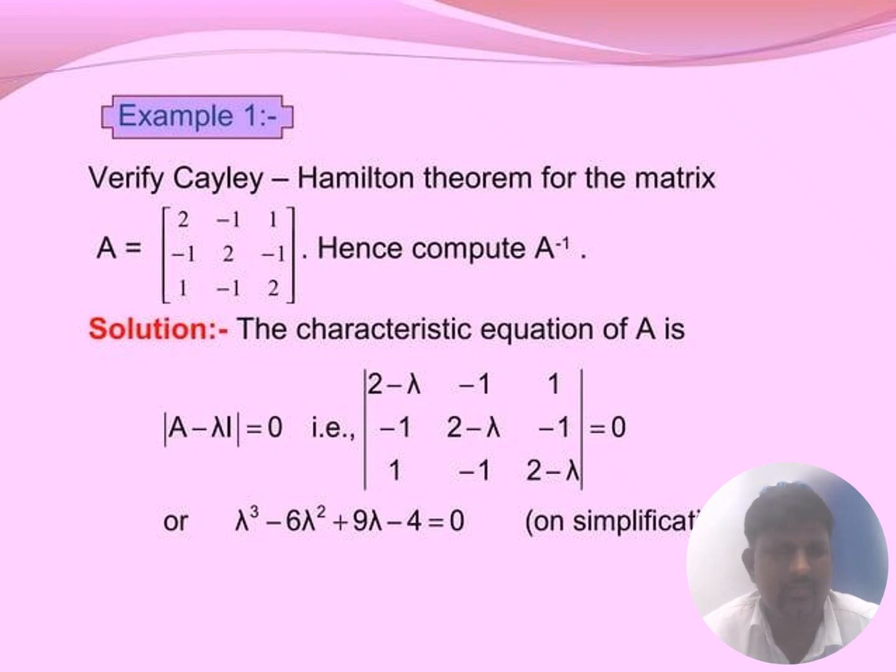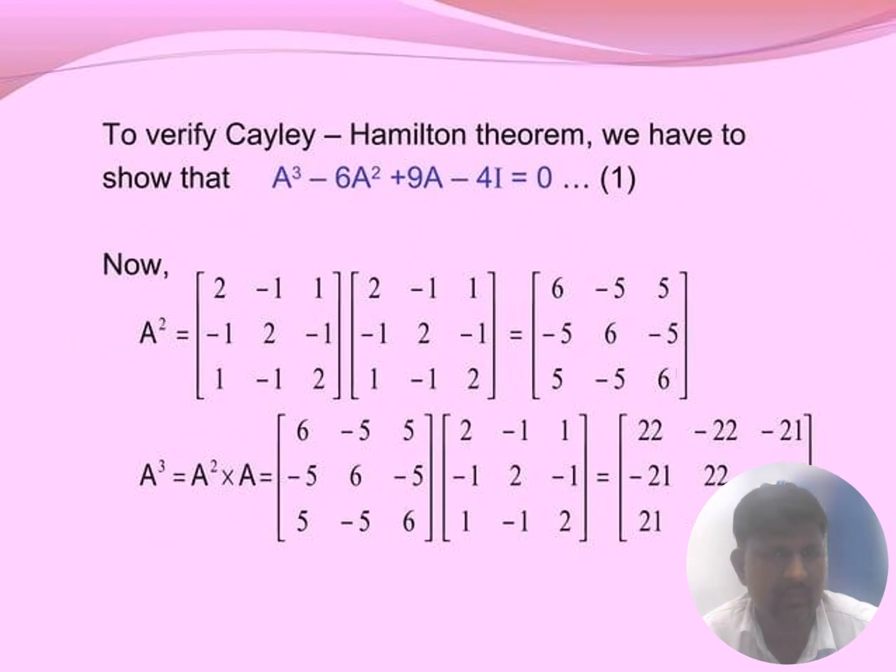So before that, in the same way, we find the characteristic equation of A. So what is the characteristic equation of this matrix? That is lambda cube minus 6 lambda square plus 9 lambda minus 4 is equal to 0. From that, we can change lambda to capital A. So the equation is changed like A cube minus 6A square plus 9A minus 4I is equal to 0.